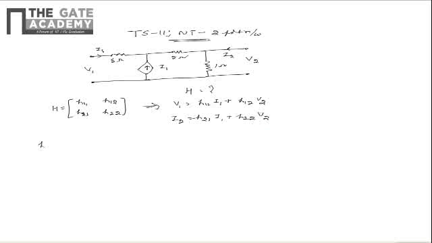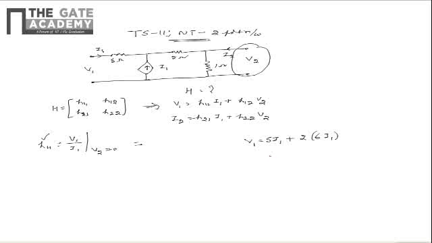From the given data, we see that H11 is equal to V1 by I1 when V2 is equal to 0. That is, when the output terminals are shorted, H11 can be written as V1 by I1. And we see that in this case, when the output terminals are shorted, we see that V1 can be written as 5I1 plus 2 multiplied by 6I1.